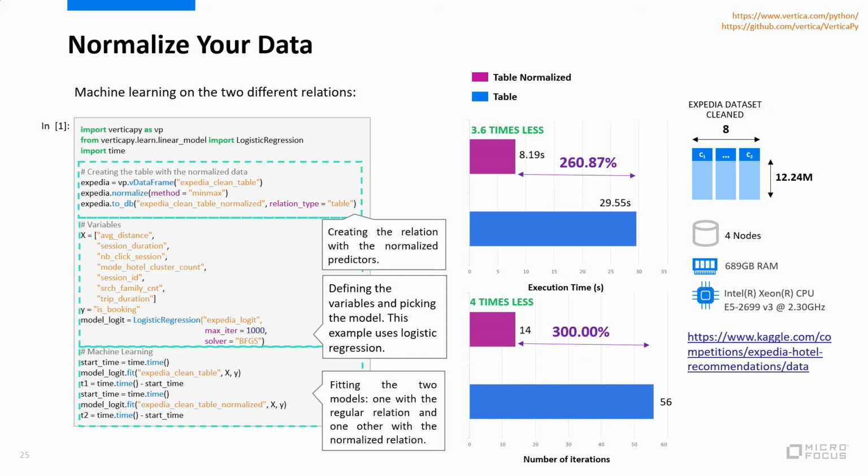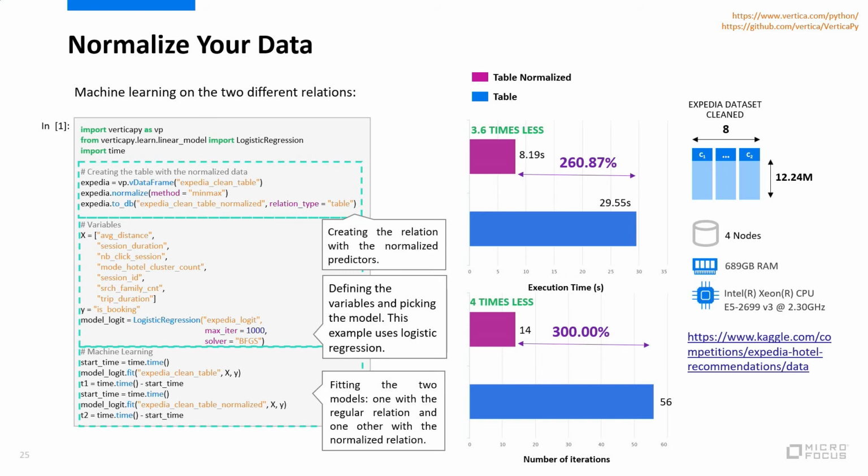By just normalizing the data, we are taking 14 iterations. It's a lot, because just imagine that in a big data use case, each iteration can take 1 minute or 2 minutes. So we are dividing by 4 the number of iterations, and by 3.6 the time needed to do the operation here. So it's really, really huge.